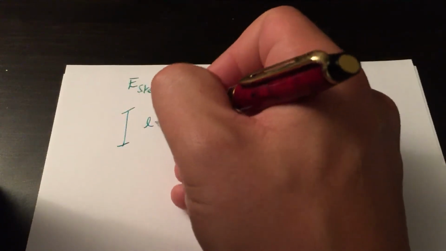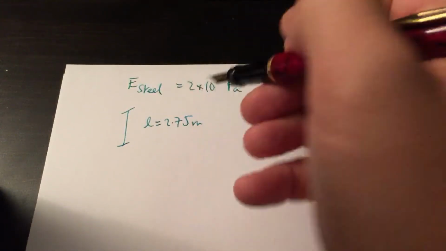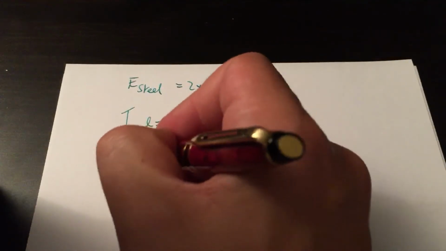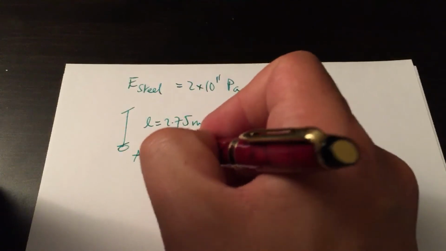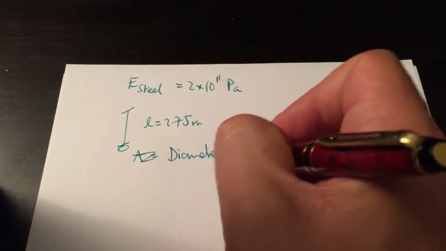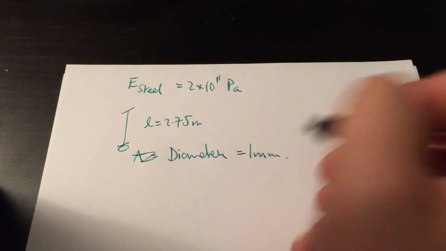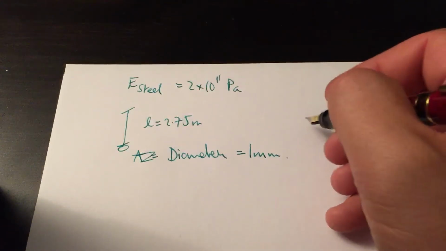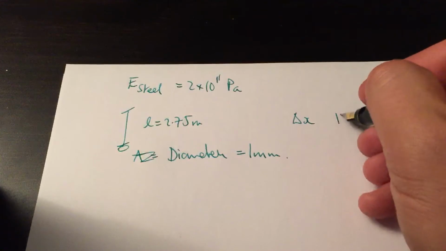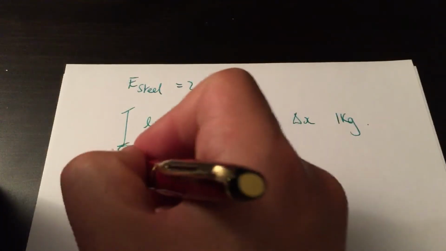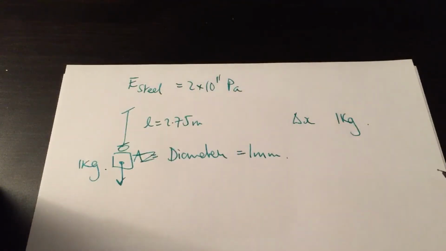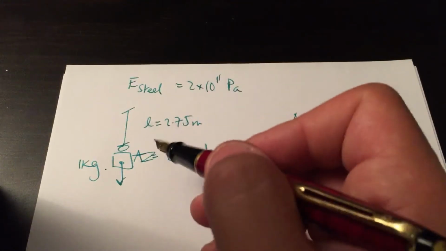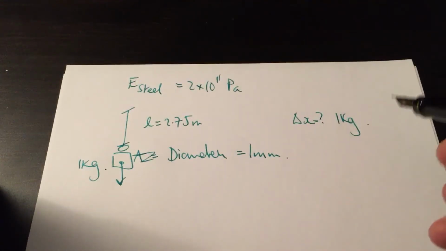If there was original length of 2.75 meters, and the cross-sectional area, we don't know that, the diameter is 1 millimeter, what would be the extension if 1 kilogram were suspended on it? Good, okay, right, so how do we do that? What's the extension if 1 kilogram is on it?